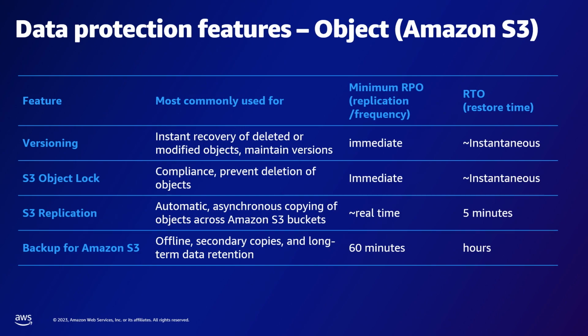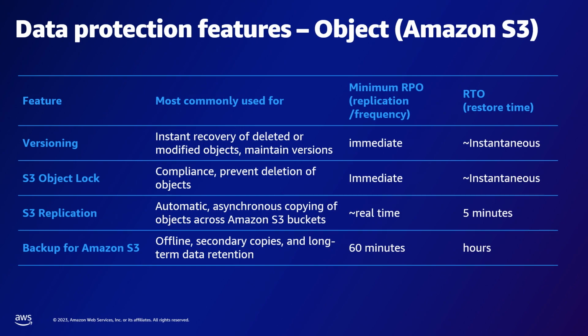S3 Object Lock is a feature that ensures compliance and prevents the deletion of objects. This feature adds an extra layer of protection to your data, making your data immutable for a specific period of time, which can be important for regulatory or legal purposes.